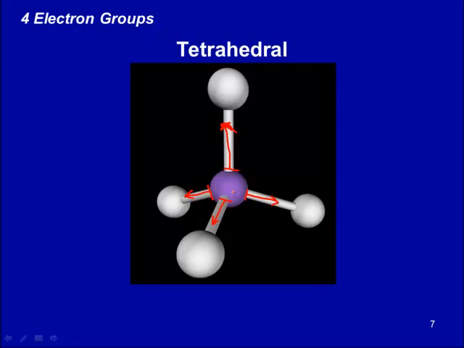Remember the 3 electron groups with all of those linked atoms, they cancel each other out, so there will be 0. So if it's tetrahedral and the surrounding atoms are the same, you're going to have a nonpolar molecule.